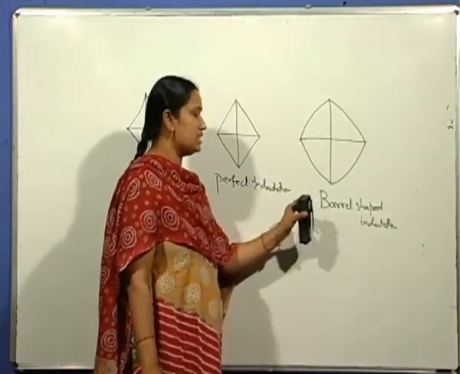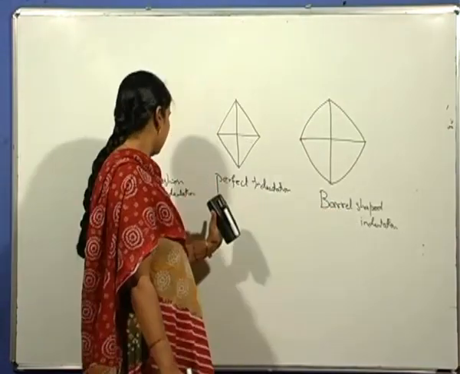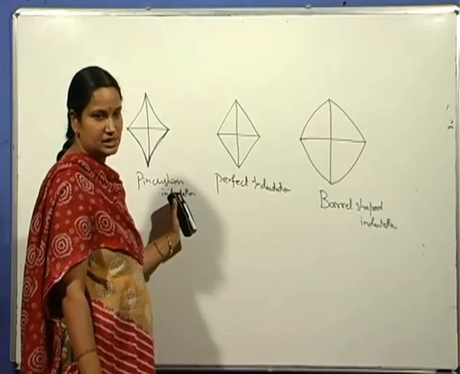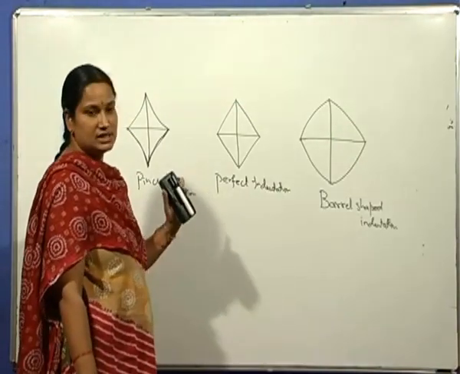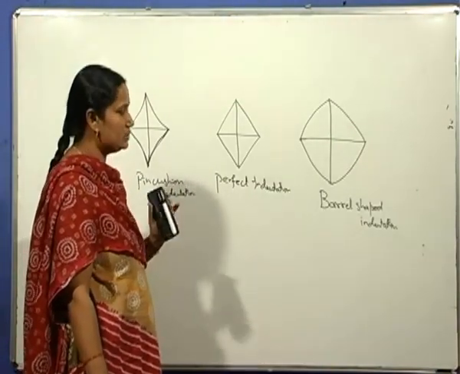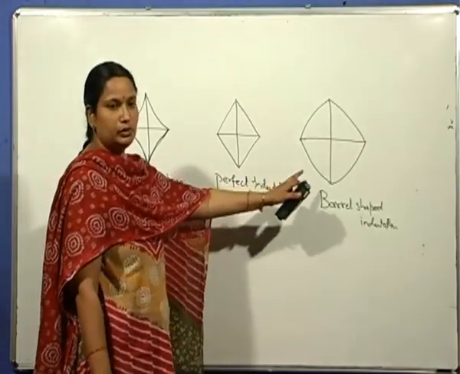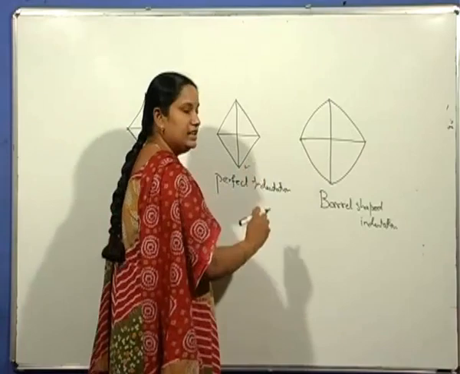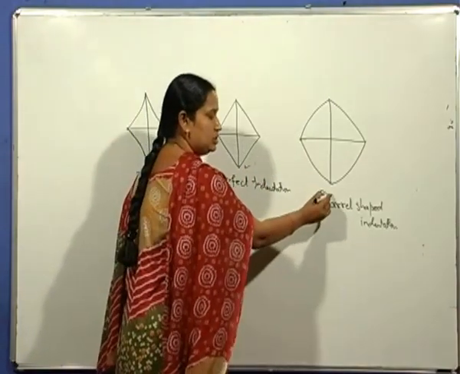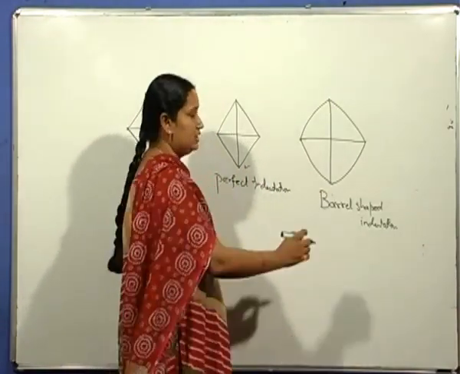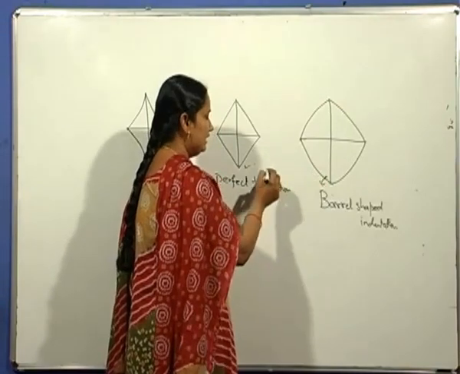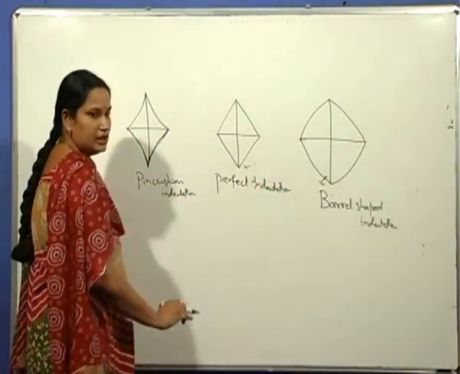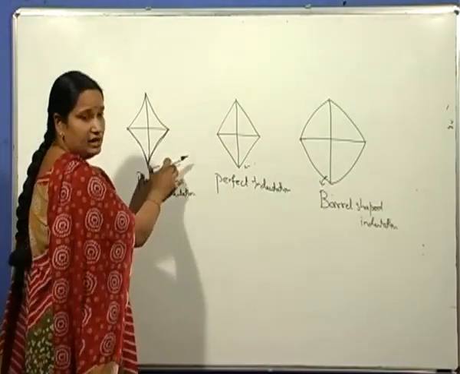When indentations are barrel shaped or pincushion shaped, there is a slight change in the hardness values, due to the change in surface area with respect to the perfect indentation. With the barrel shaped indentation, the surface area measured is greater than that of the perfect indentation, and for the pincushion indentation, the surface area is lower.